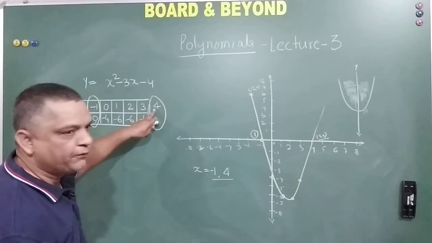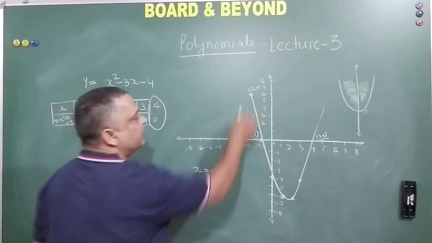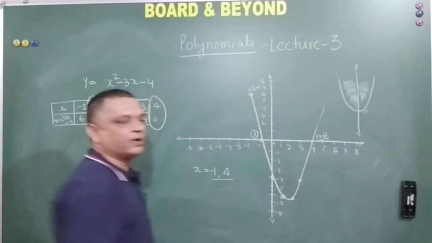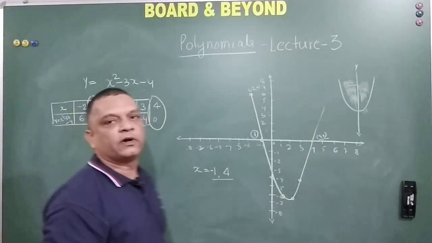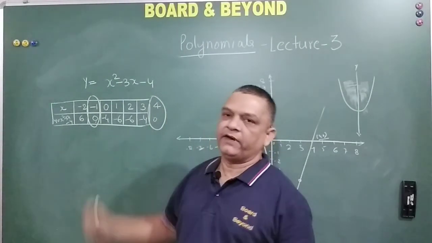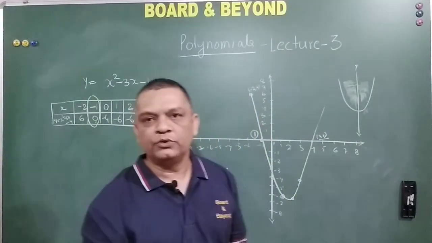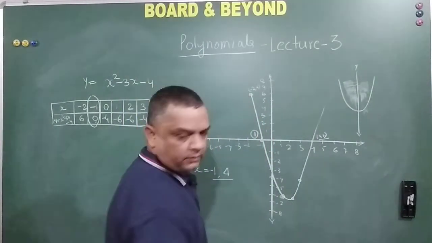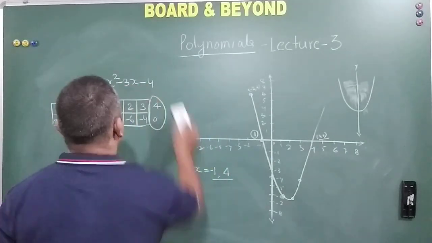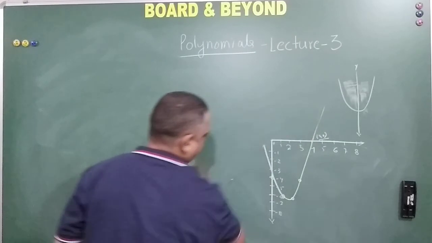When x is equal to 4, y is equal to 0, or f of x is becoming 0, that is evident from the graph also, that 4 is also another root. Now since this is a quadratic polynomial, it can have a maximum of 2 roots. So we have identified both the roots, minus 1 and 4. So this is how you go about a quadratic polynomial, plotting it on a graph sheet.